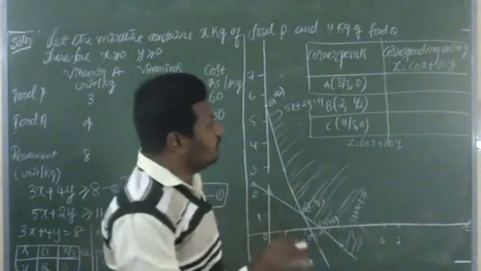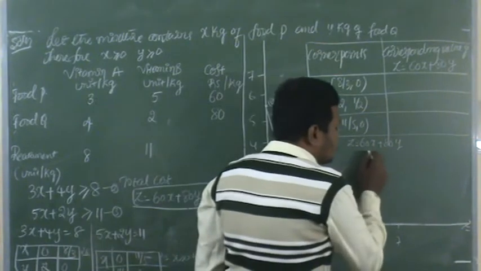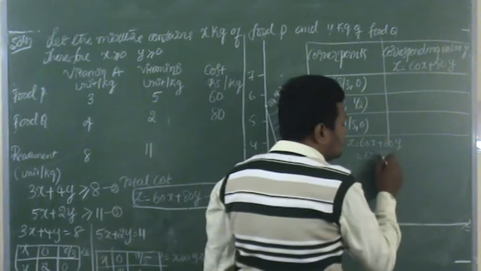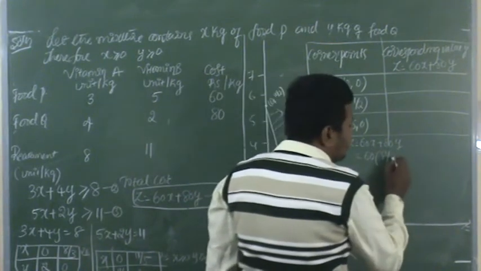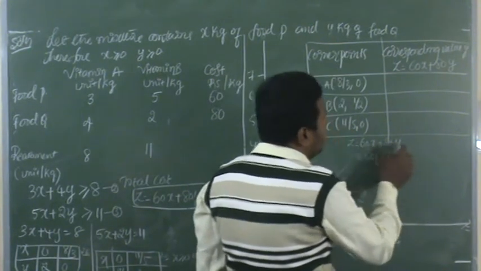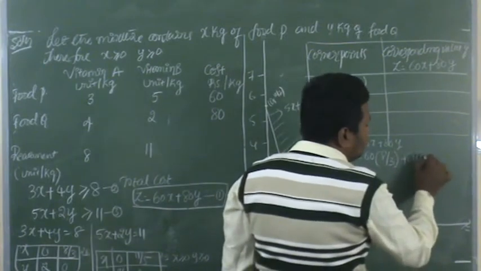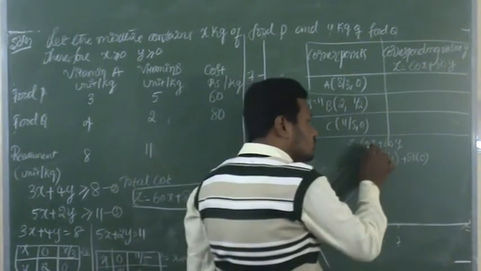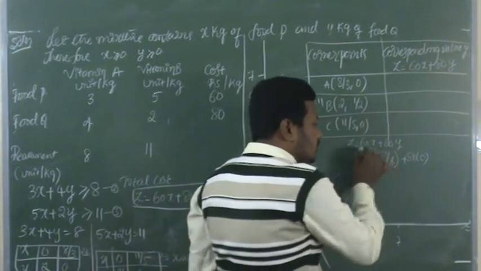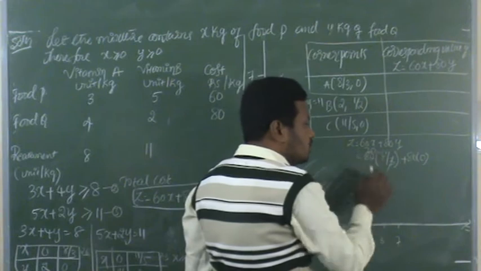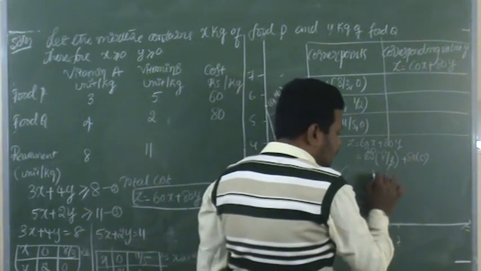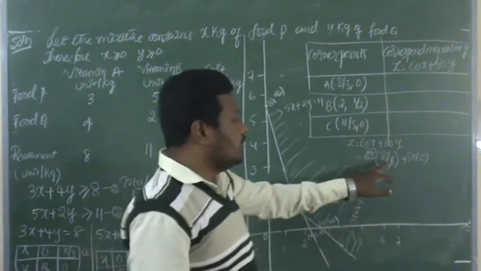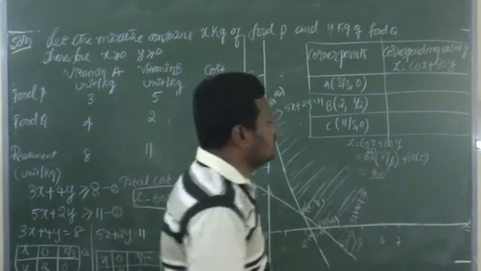For point A, that is 60 into 8 by 3 plus 80 into 0. The y value is 0. 20 into 8 is 160.